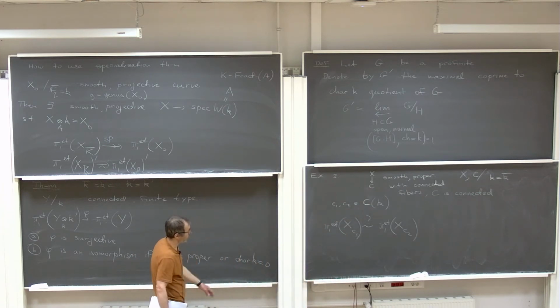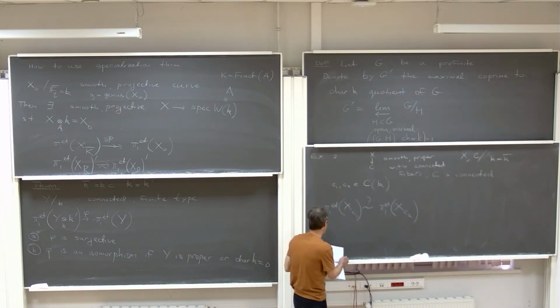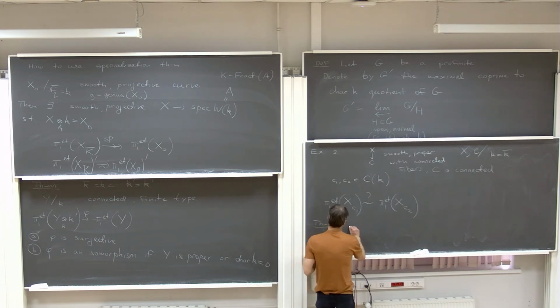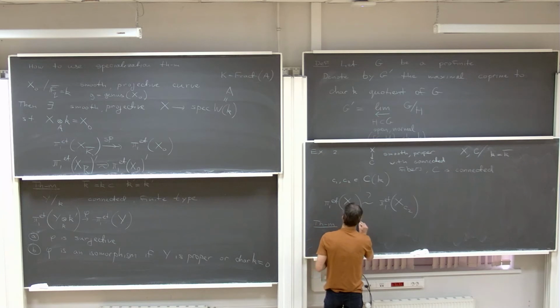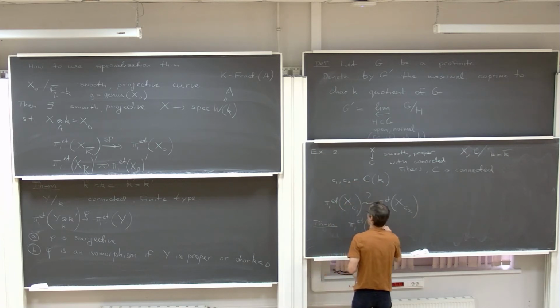So in general, they are not isomorphic, but I claim the theorem is that the π1 étale quotients coprime to characteristic p are still isomorphic.